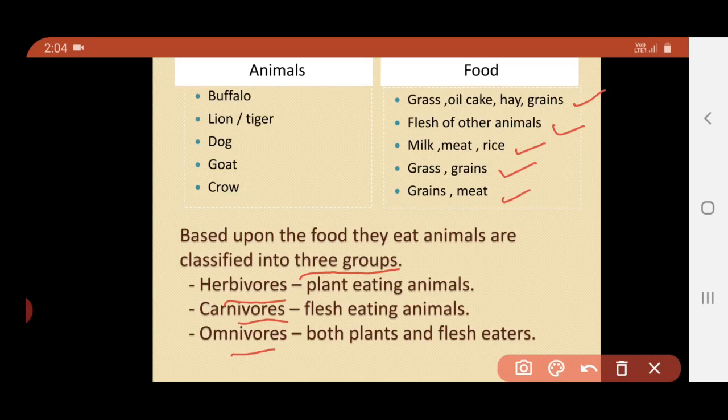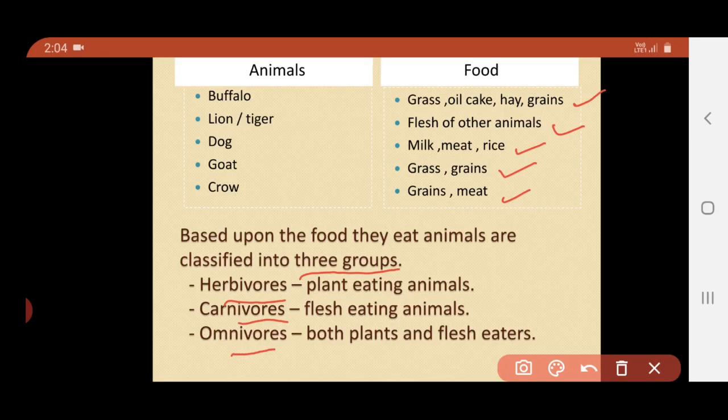I have listed some animals. Can we find the animals which fall into these three categories? Yes, buffalo. Buffaloes have grass, oil cake, hay and grains. So all these are plant sources. It comes under the herbivore. So buffalo is a plant eating animal. Next, it is carnivore, flesh eating animal. Lion and tiger depend upon the flesh of other animals, so it is a carnivore.